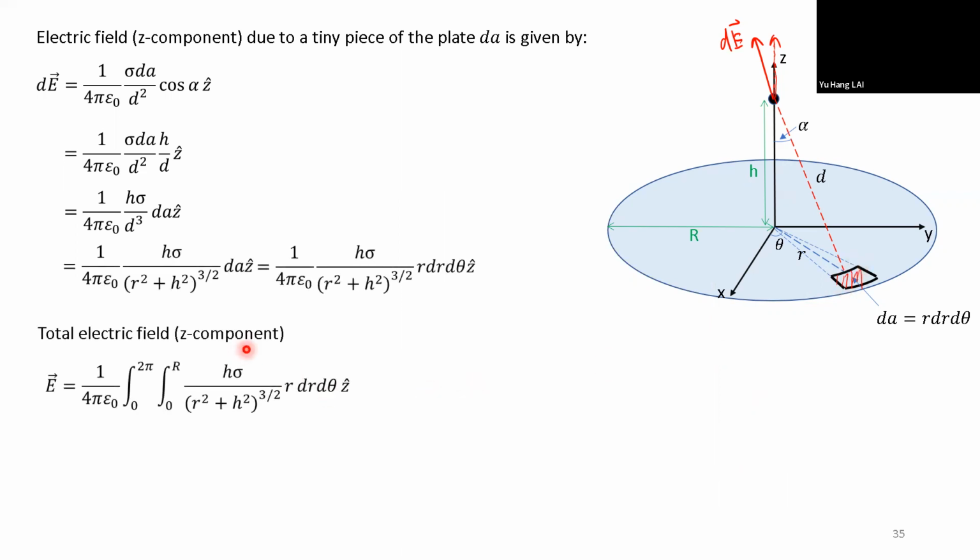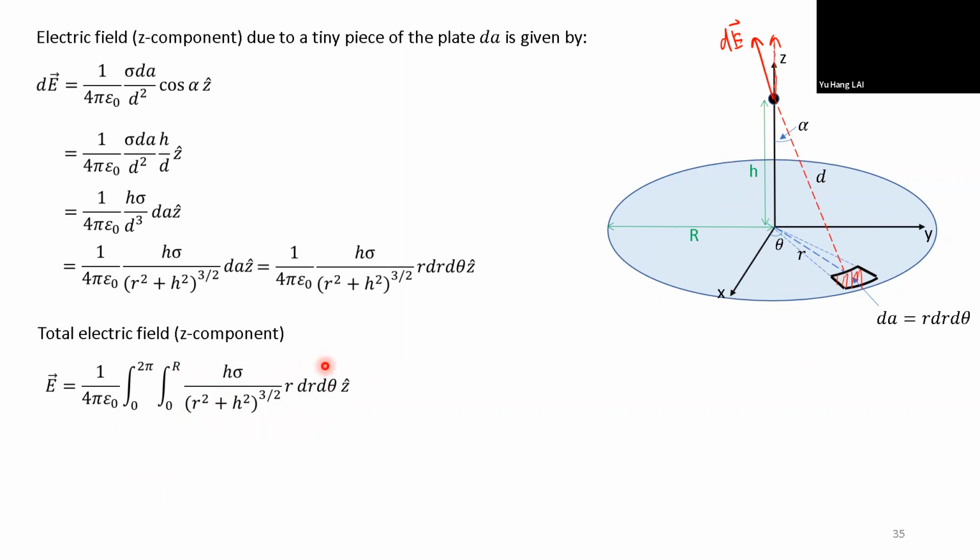How do we set the integration limits? I'm considering a full solid circle region, so of course my r limit goes from 0 to the radius of this plate. And since it's a full circle, of course I go from 0 to 2 pi for theta. Then this is the integral that I need to solve.